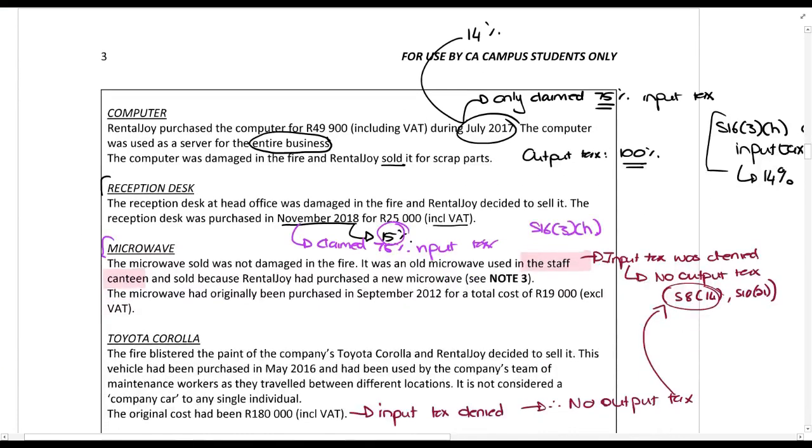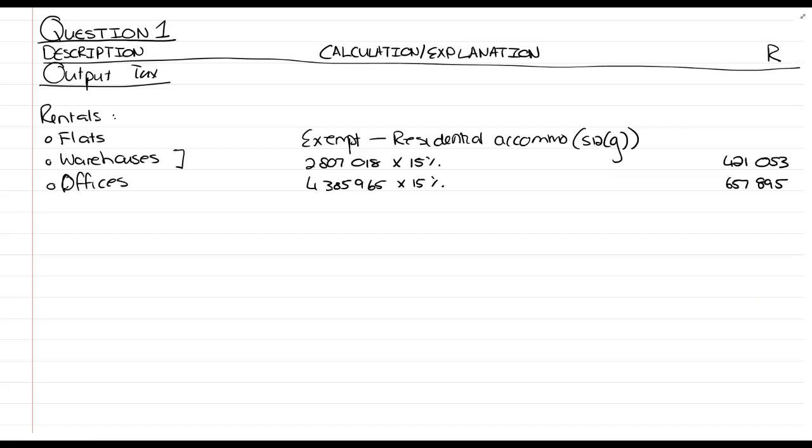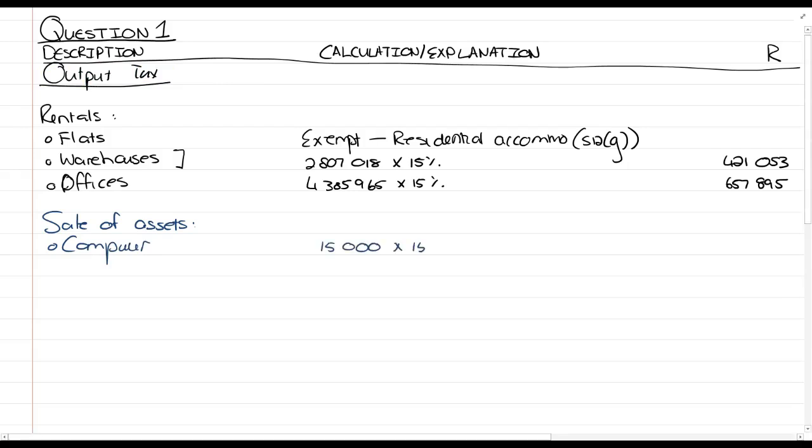So let's start with the sale of the computer. So sale of assets. Important, I want you to see we are looking at output tax, remember? So the sale of this computer. Because the amounts include VAT, remember?